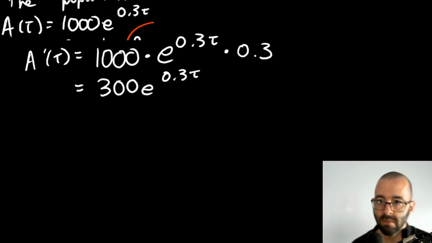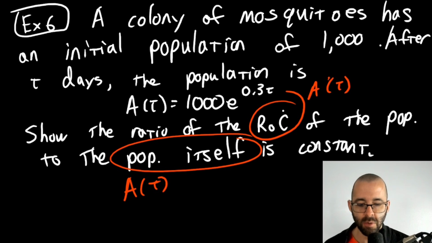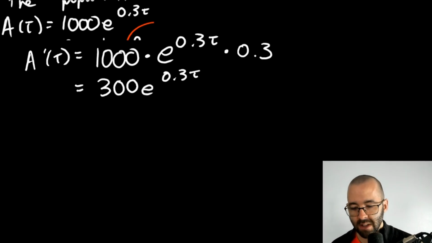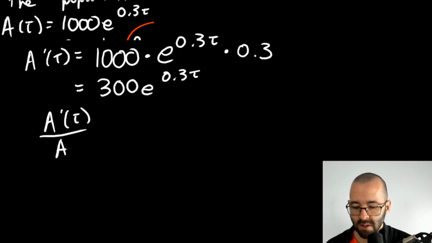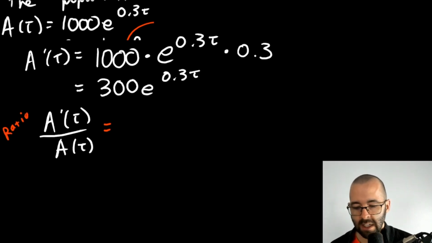All right, so all that we're asked to do is look at the ratio of the rate of change to the population itself. This is the ratio right here. What is this ratio? Well, the top, we said, was 300 e to the 0.3t.